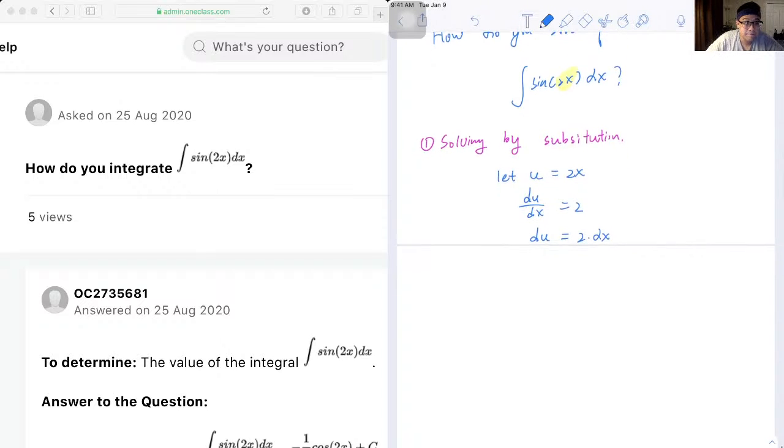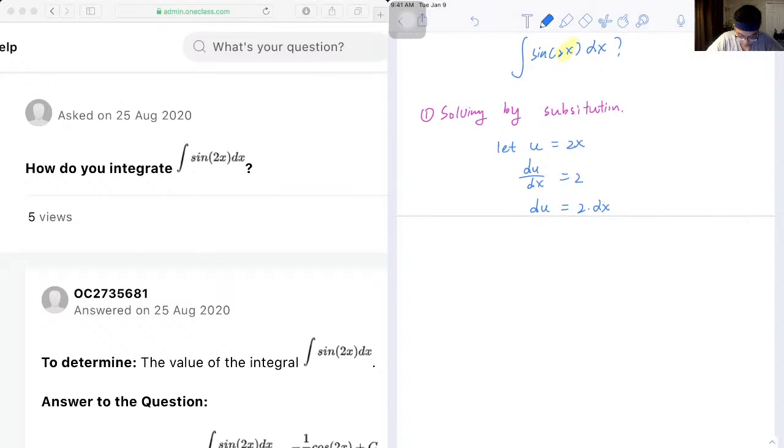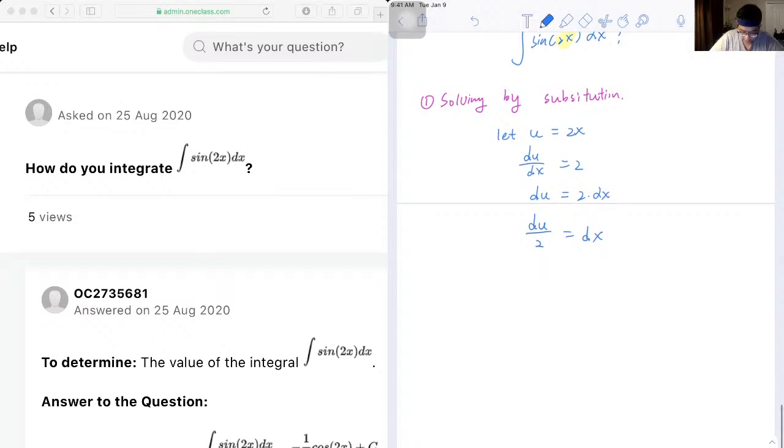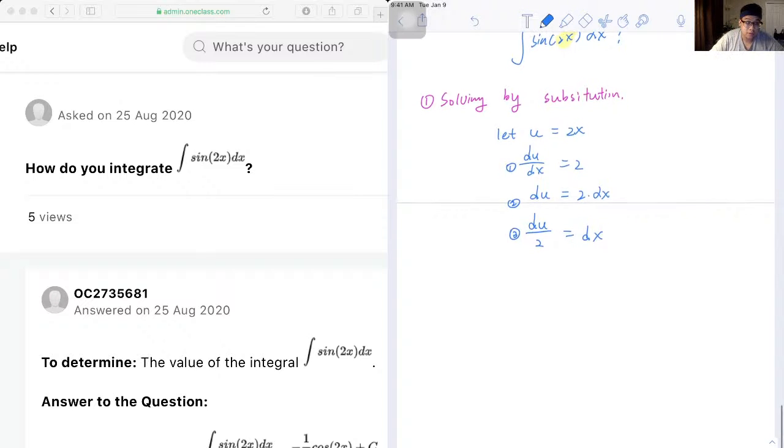Okay, or we can play around with that. This is also going to be equal to, I mean, du over 2 is equal to dx. Yep. So by letting u is equal to 2x, we have these three following equations.